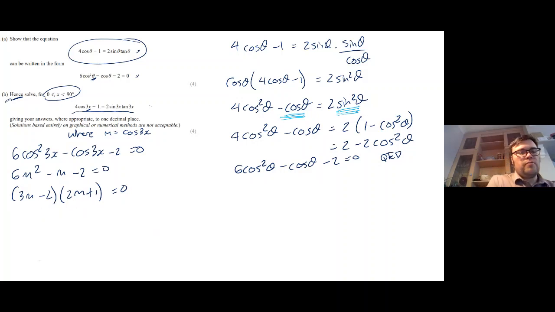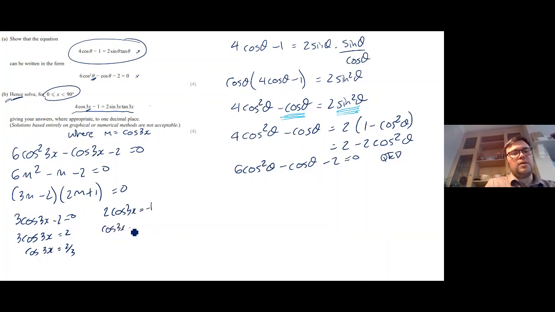If I write down how this would look, that is 3 cos 3x minus 2 equal to 0, 3 cos 3x equals 2, cos 3x equals 2/3, and on the other side, 2 cos 3x equal to minus 1, so cos 3x equal to minus a half.